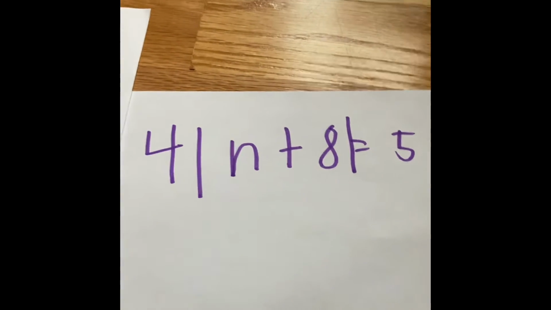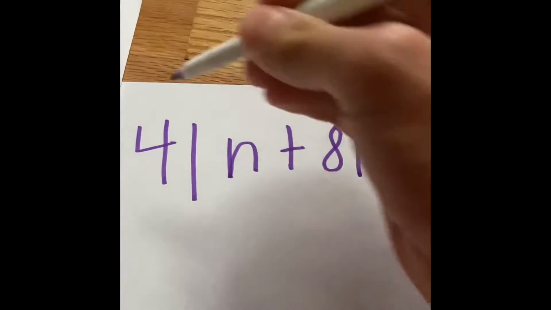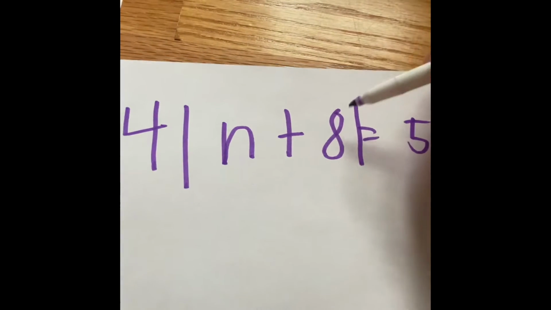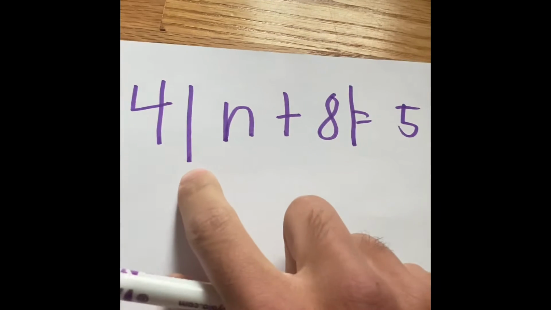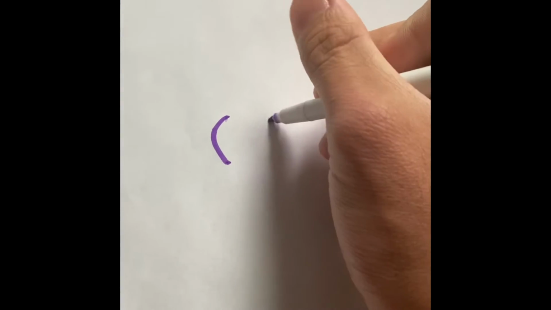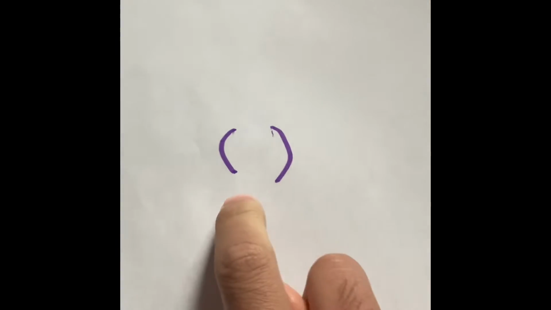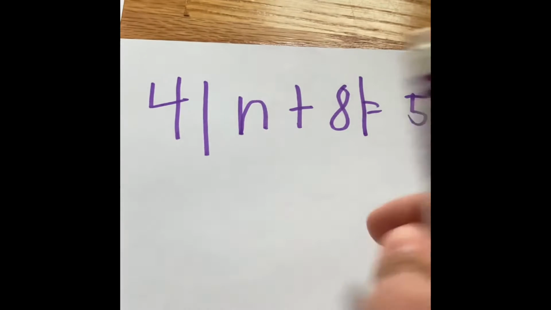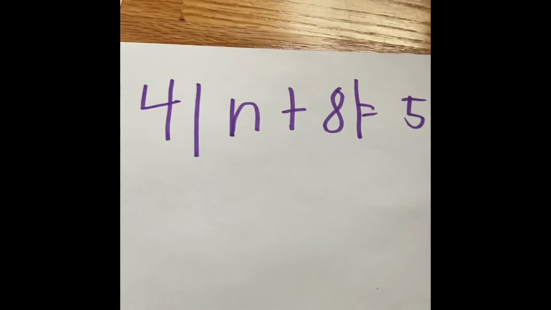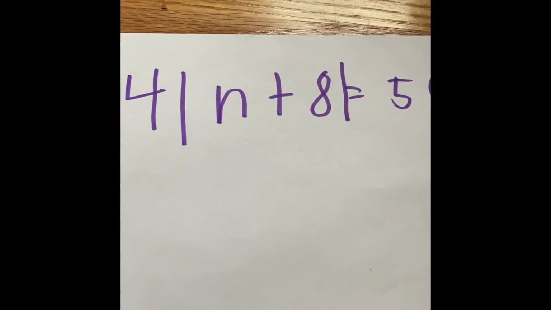Many people are tempted to distribute the 4 to m and the 4 to 8. You don't want to do that, because absolute value bars are not parentheses. Parentheses are actually curved lines. These lines don't look curved. So we do not distribute.